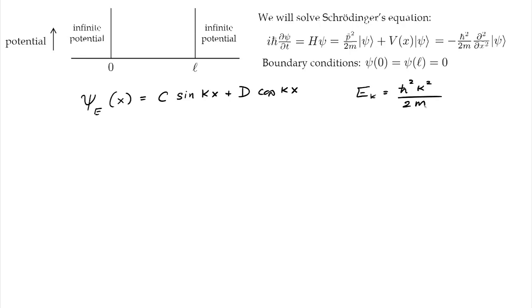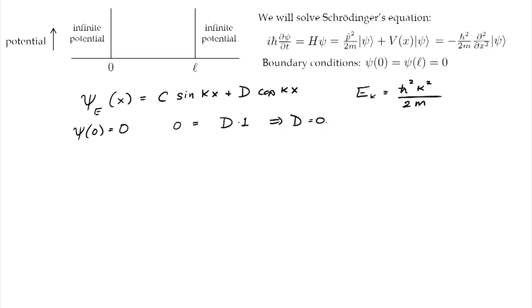Okay, so now let's go ahead and impose our boundary conditions. The first boundary condition says psi of 0 equals 0. When we substitute x equal to 0, we get 0 equals d times 1, because sine of 0 is 0. So this implies that d equals 0.